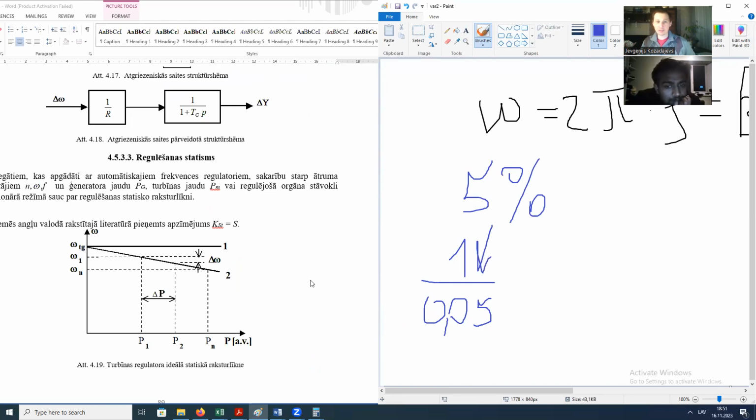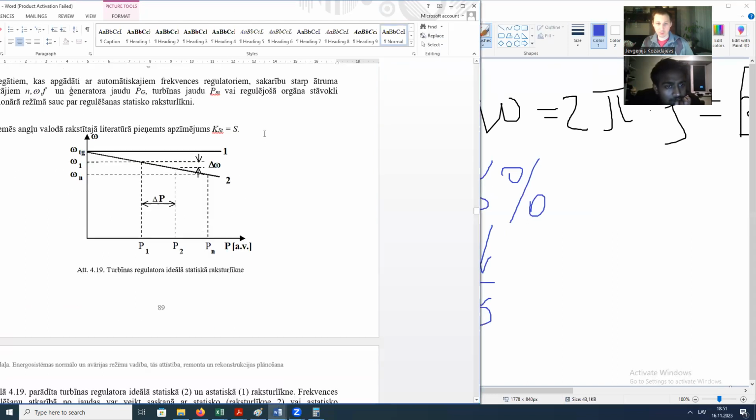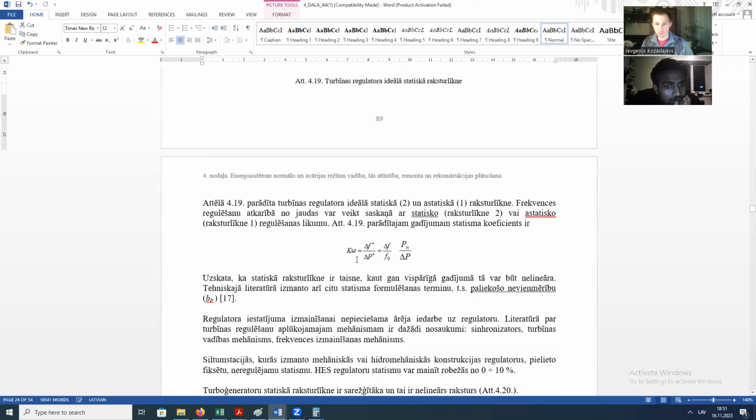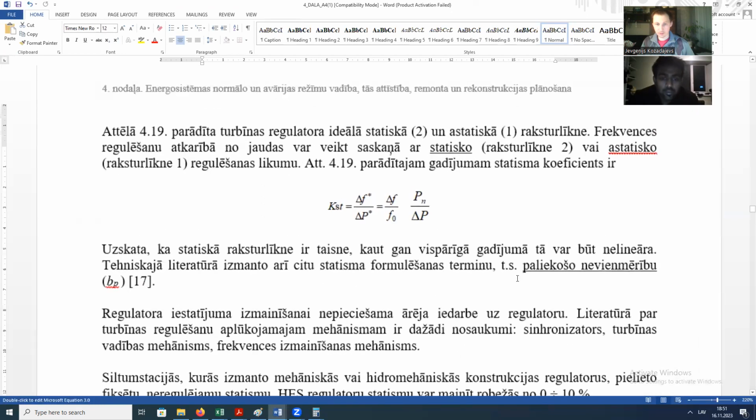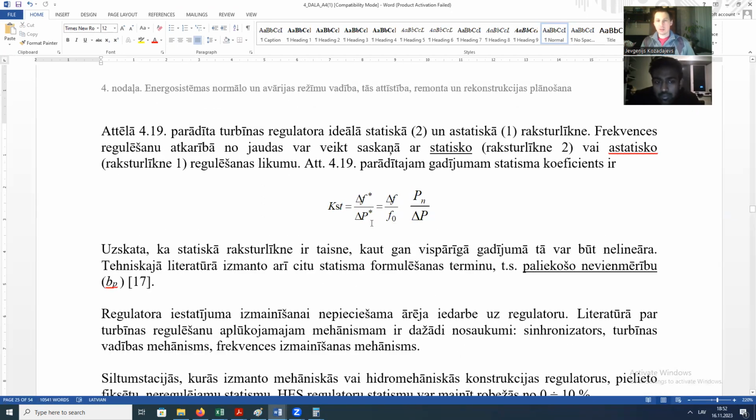And if we are talking about this curve, because of this 5%, how it comes here, we have a formula. This coefficient shows us, I zoom in, the equation of delta F, the frequency difference of fluctuation from the nominal value divided by the nominal frequency, multiplied by the nominal power divided by the difference of power.